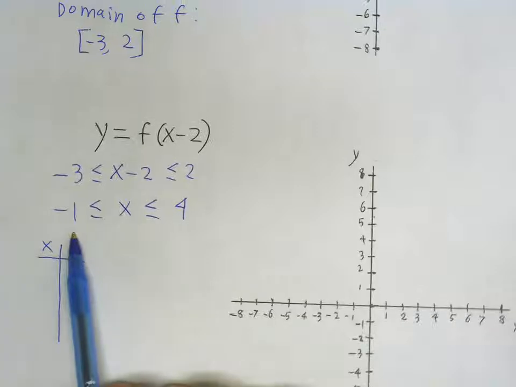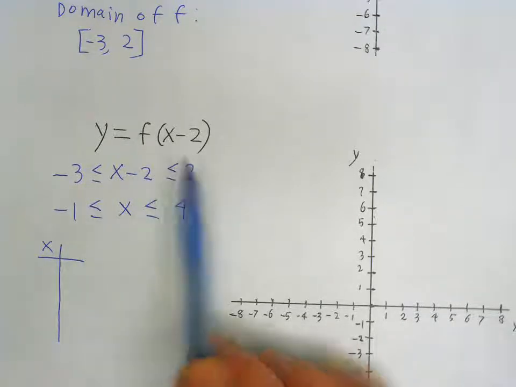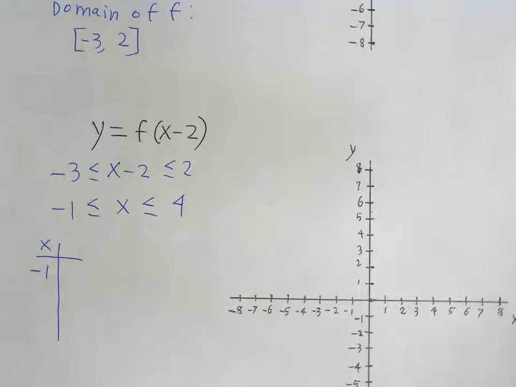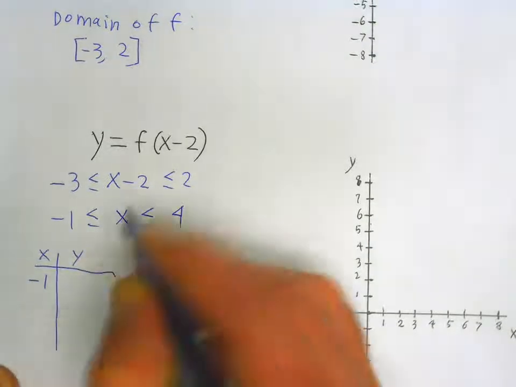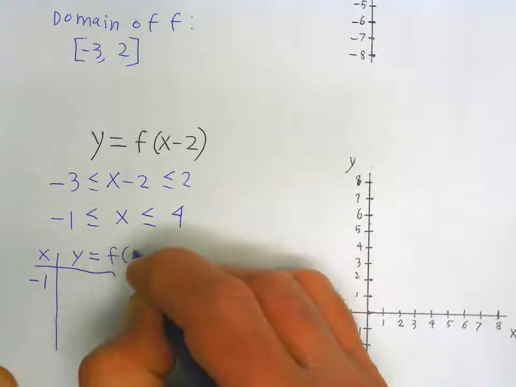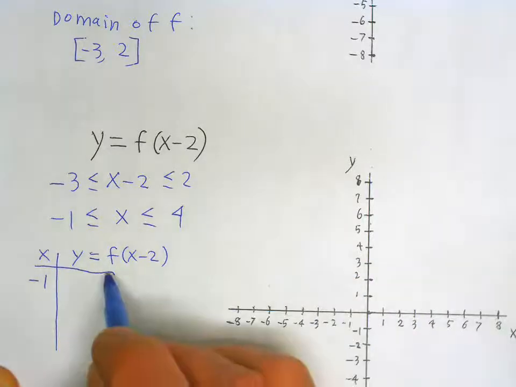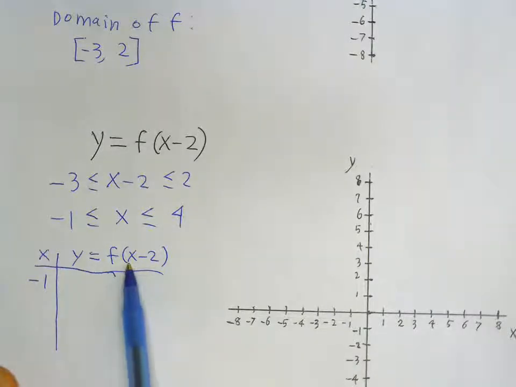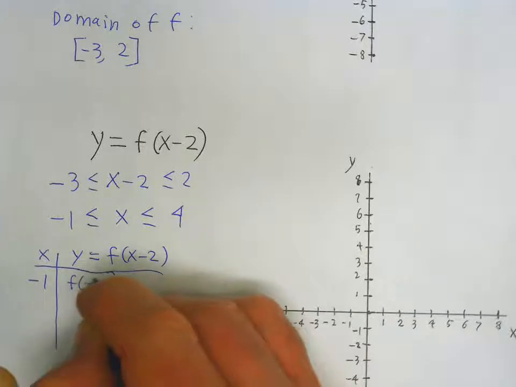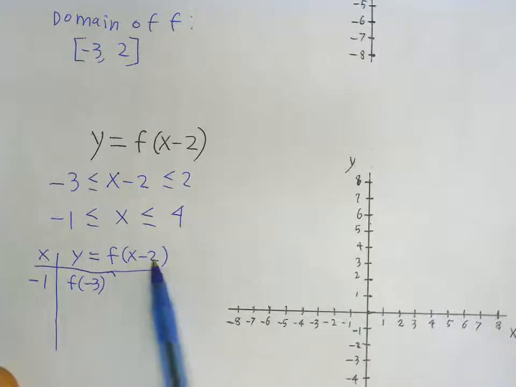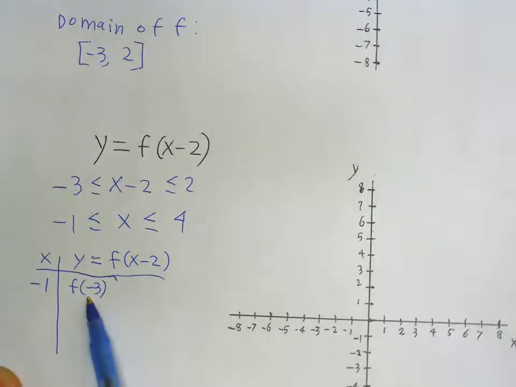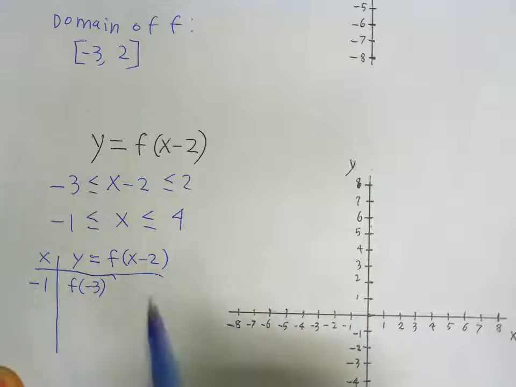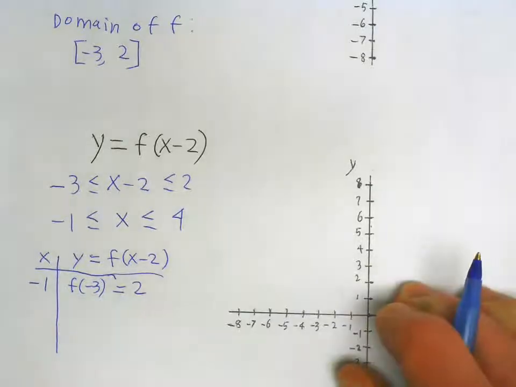The smallest domain value for y equals f of x minus 2 is x equals -1. But remember what y is. y is f of x minus 2. So when x is -1, this becomes f of -3, because -1 minus 2 is -3. And from above, we saw that f of -3 is equal to 2.